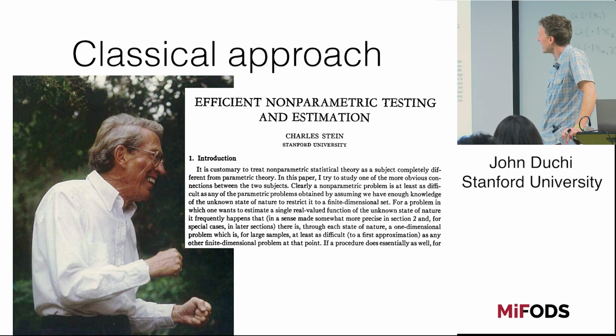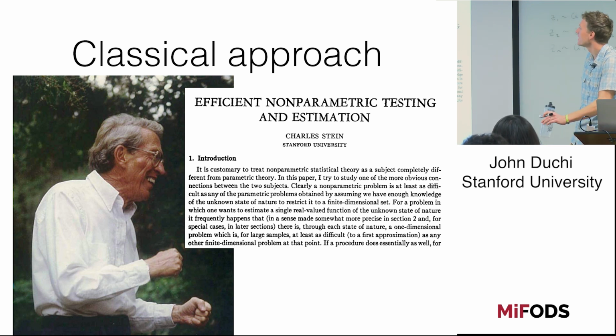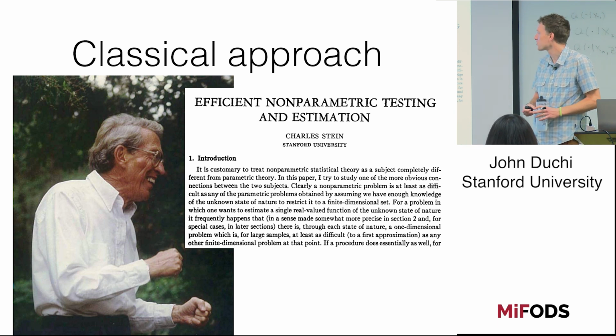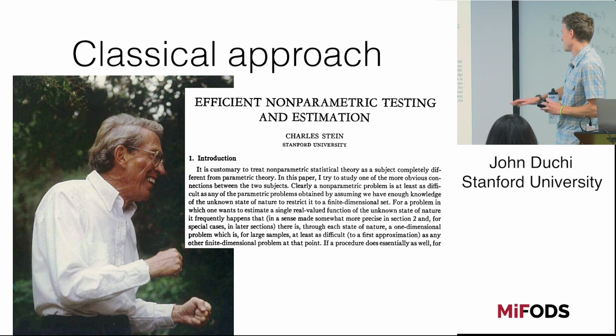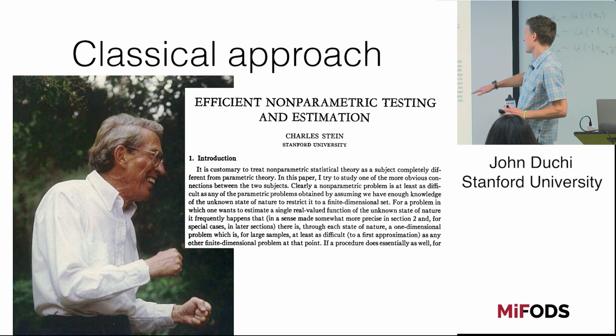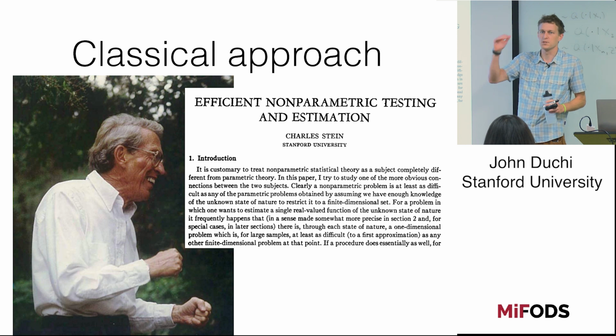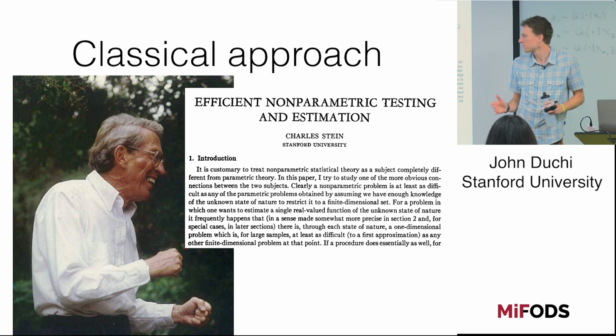There's Charles. This was a paper at the Berkeley Symposium called Efficient Non-Parametric Testing and Estimation. If you dig into this, basically what he's saying is, suppose one wants to estimate a particular real-valued function of some population.